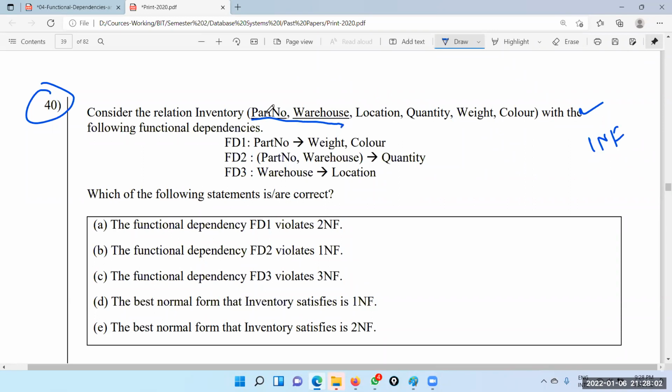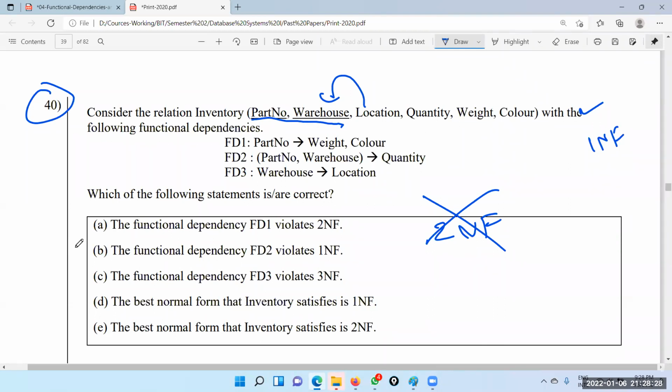Location has no connection with the part number; location is something to do with the warehouse only. So the location depends on warehouse, therefore it is not in 2NF because there are partial dependencies.